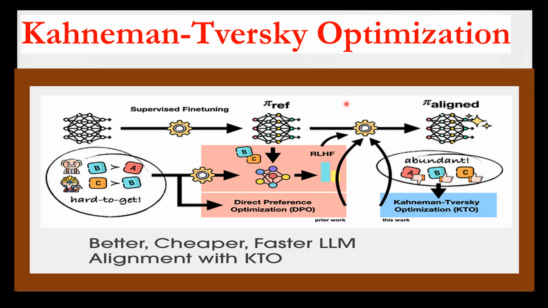So think of it as a game of gains and losses. Imagine you are offered two choices: a 50% chance to win $100 or a 50% chance to lose $50. And in the second choice, you have a 50% chance to win $75 or a 50% chance to lose $75.